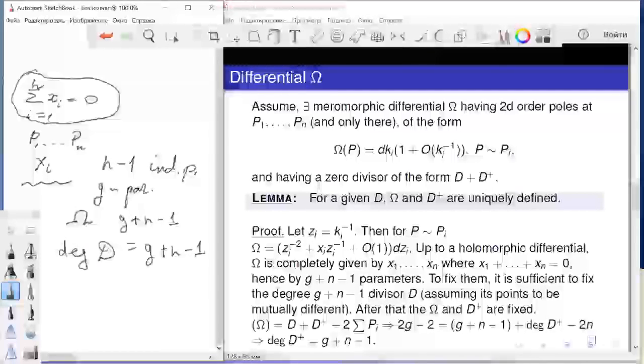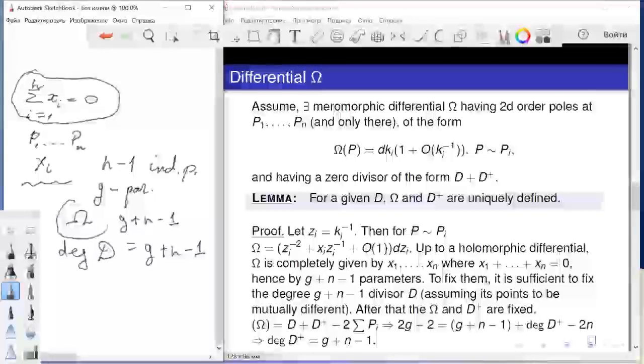So we can fix omega by giving the divisor D. This is the claim of our lemma. For a given D, omega is uniquely defined.